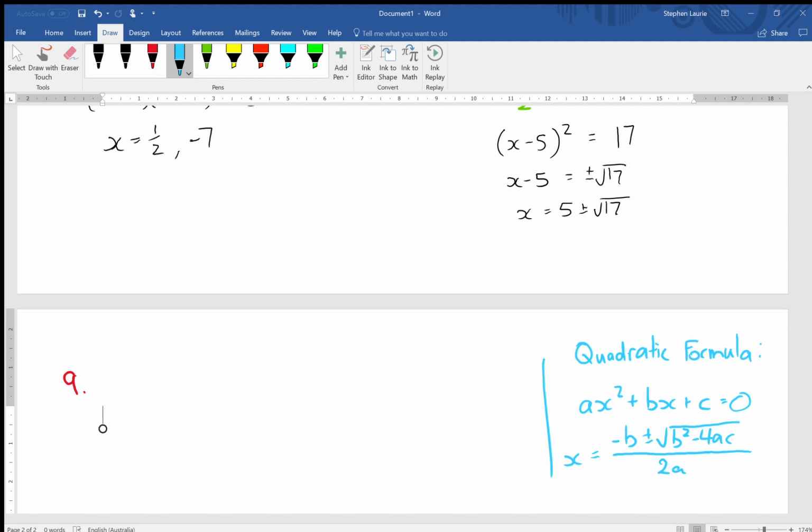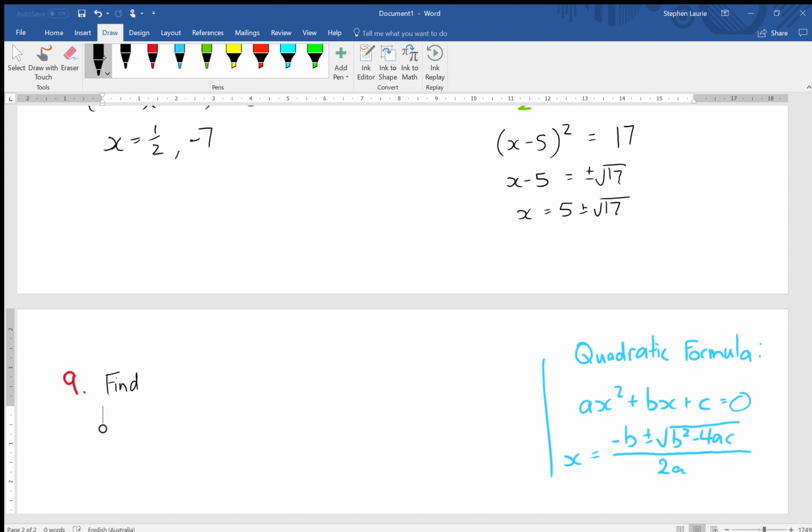For number 9, this is taken out of the chapter review. It's a bit more of a problem that utilizes quadratics. So here's the problem.